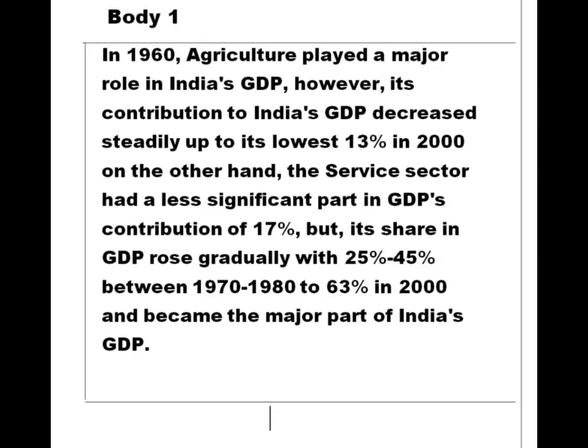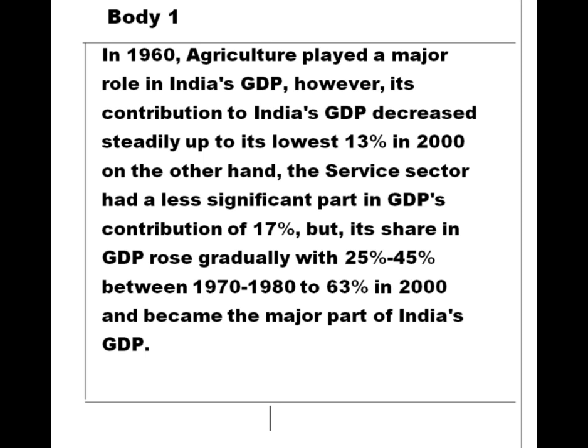In 1960, agriculture played a major role in India's GDP. However, its contribution to India's GDP decreased steadily up to its lowest, 13%, in 2000.